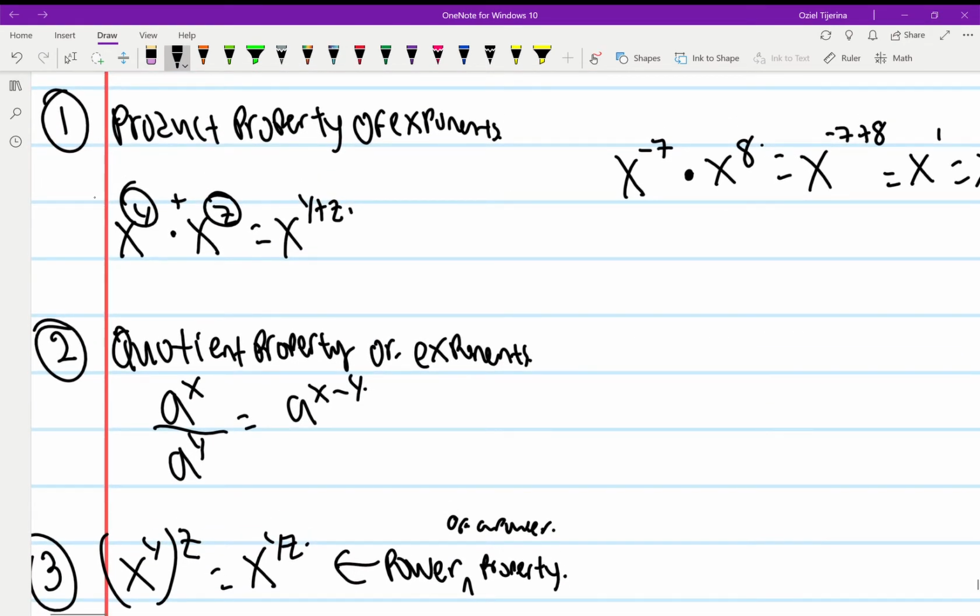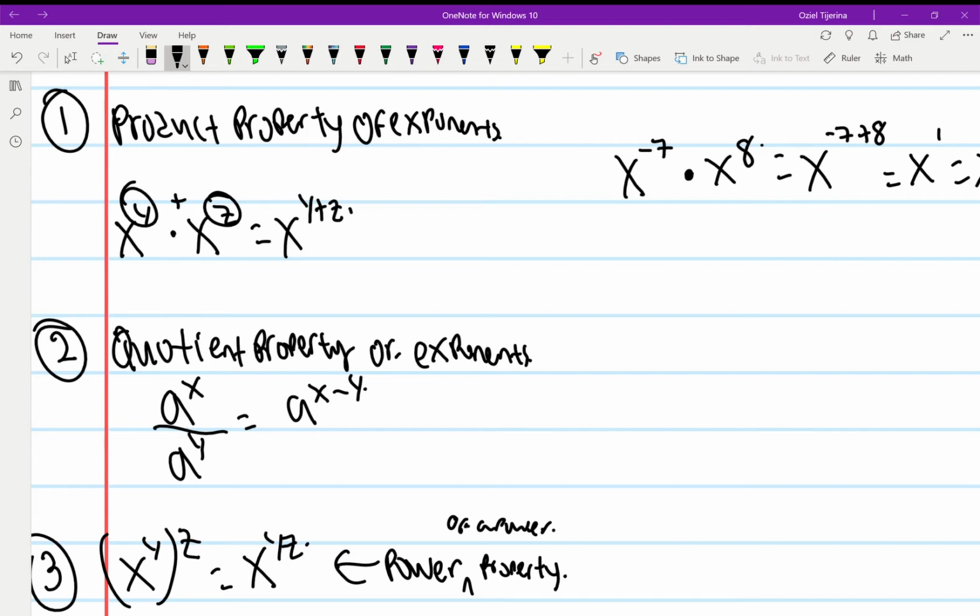The next one here says that if we have a variable to a certain power and we're dividing it by the same variable to another power, we subtract those powers.